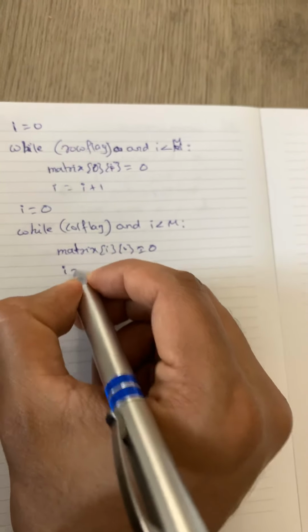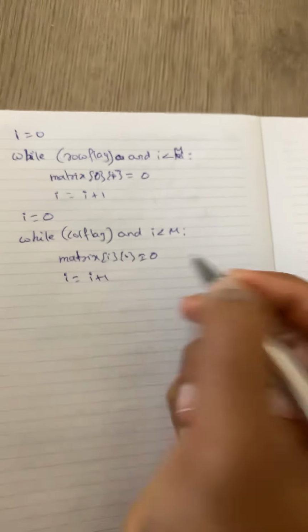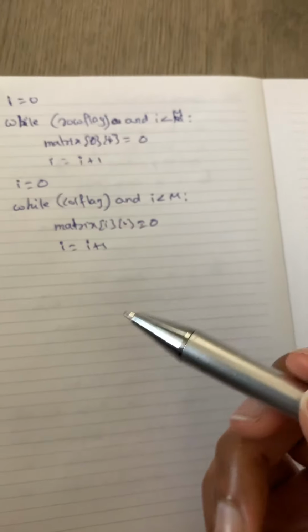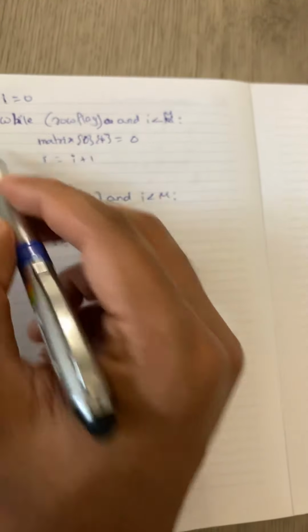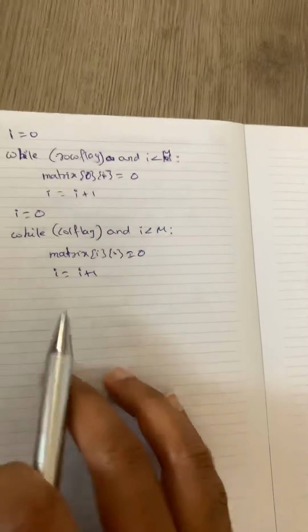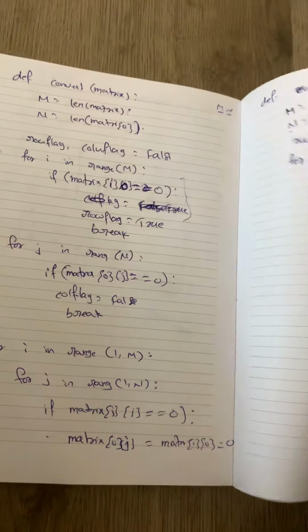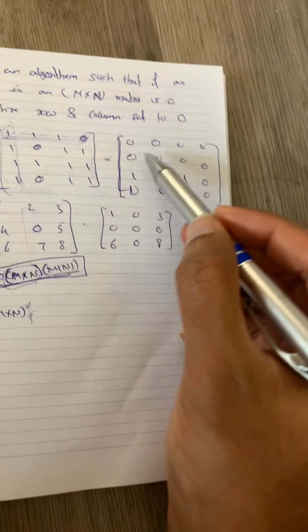Again, we increment the i value. After these two loops, the output should look something like this.